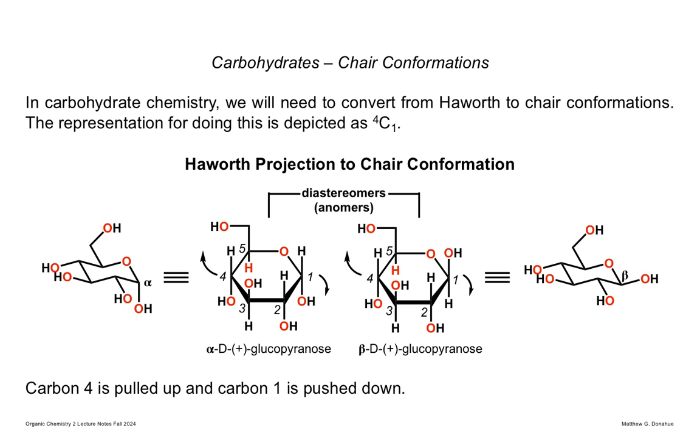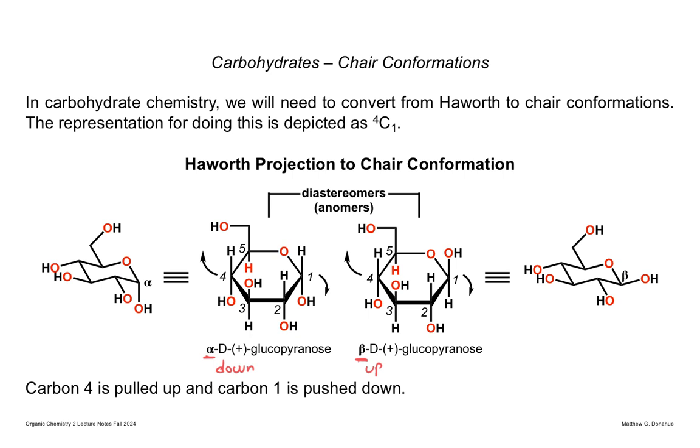So the two anomers, the alpha and the beta, are shown in the center here. So remember, OH is down for the alpha, up for the beta at C1. They're diastereomers, and when you convert that Haworth projection into a chair, you can see that all the substituents end up equatorial.